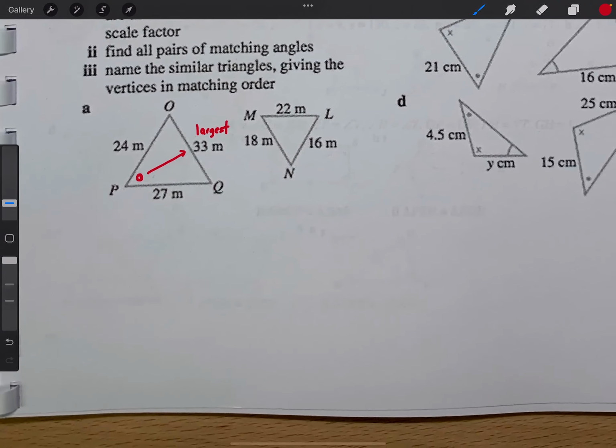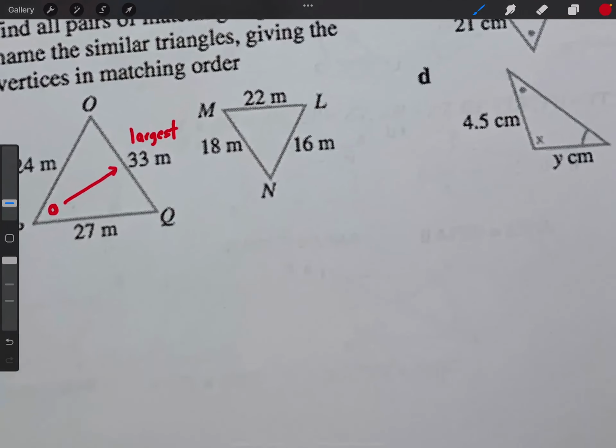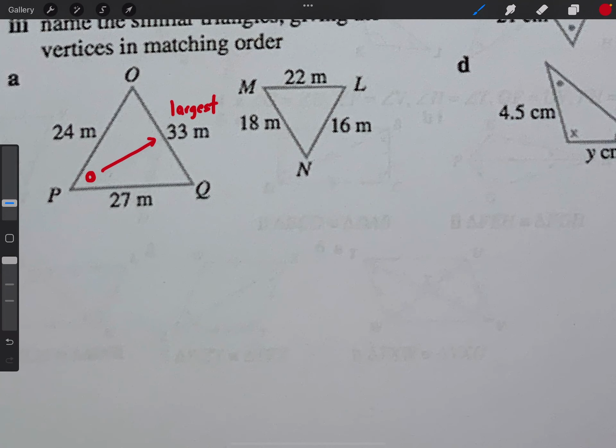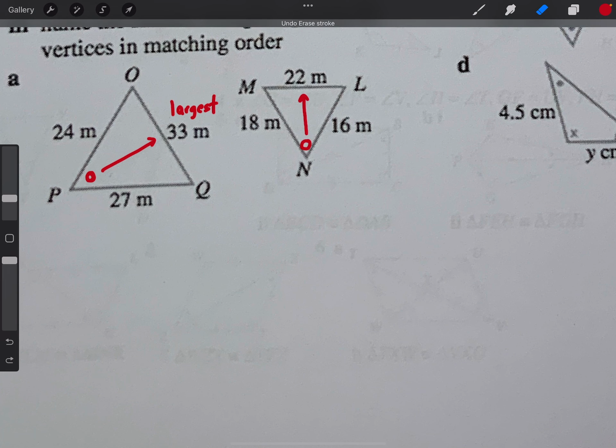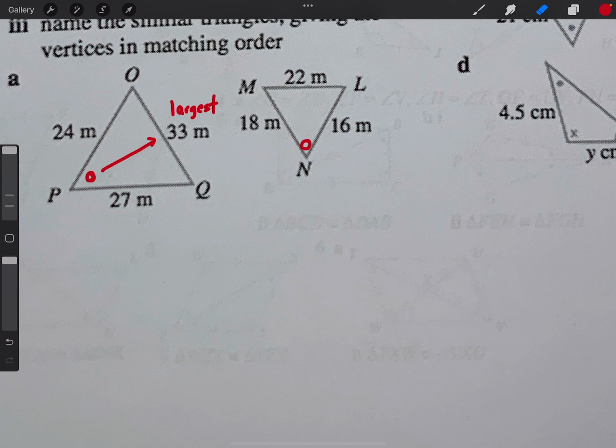We know that these two triangles are similar. It's given to us. So let's look at the second triangle, where the largest length is 22. That means opposite that one must also be the open circle. Now the smallest, the shortest length is 24.